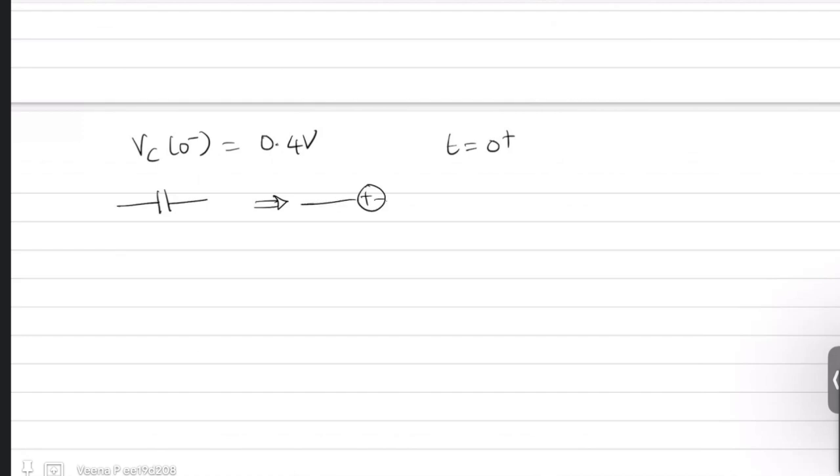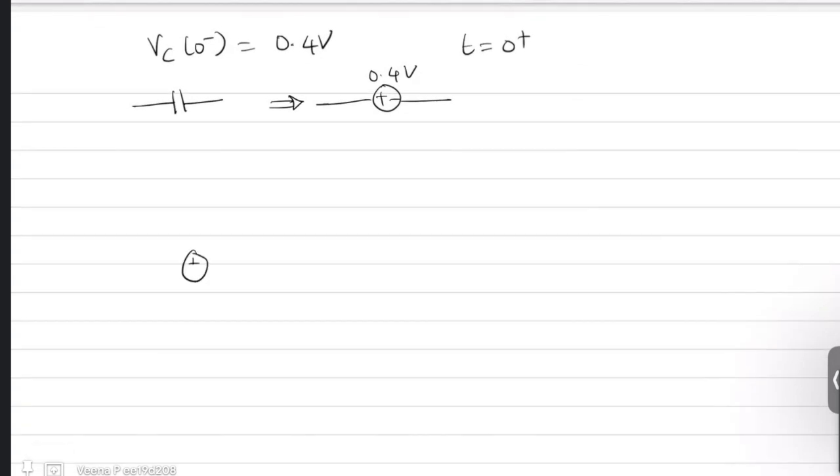So you obtained your Vc of 0 minus as 0.4 volts. Now when you draw the circuit at t equal to 0 plus, you can replace the capacitor with a voltage source whose value is 0.4 volts. So let me redraw the circuit at t equal to 0 plus seconds, that is just after switching.